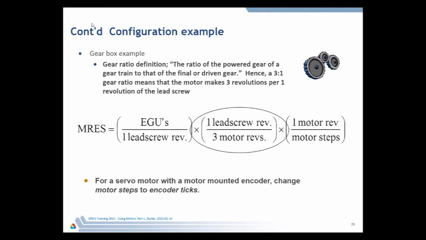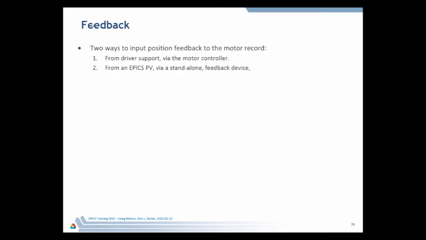And if it's a servo system, you just change steps to encoder ticks and run the same numbers. As I mentioned before, there's two different ways of doing feedback: either the motor controller itself is providing you with position feedback, or some external device is providing position feedback to the stage.